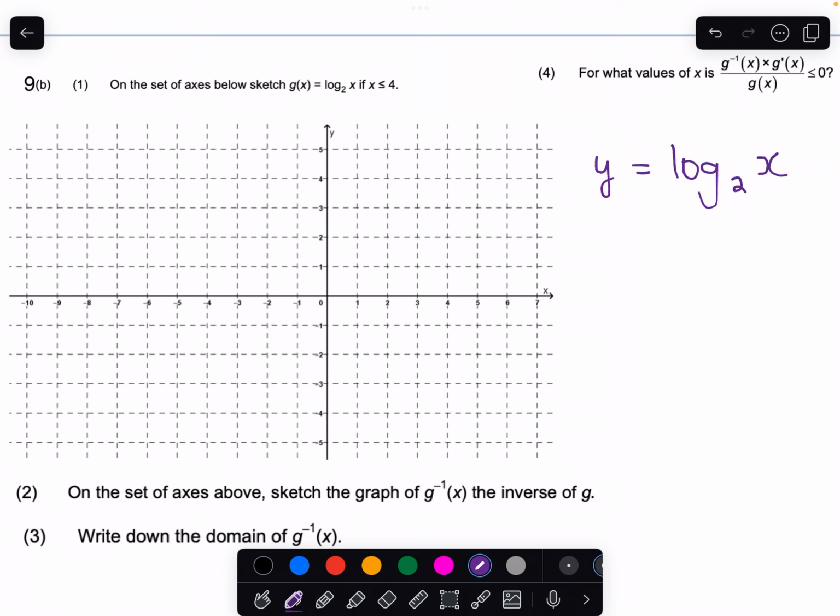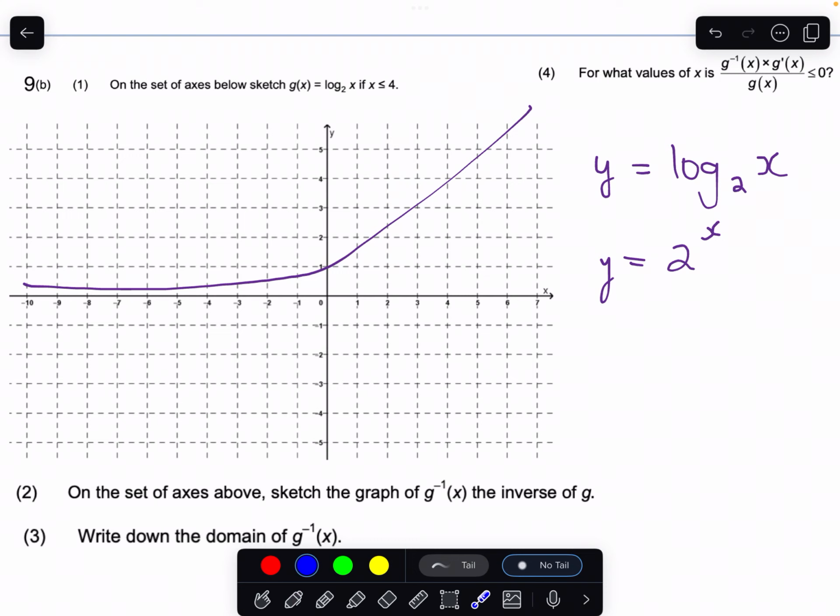The inverse of that is y is equal to 2 to the power of x. That graph looks like that. Oh no, it would cross the y axis at 1, because if I put a 0 in here, I end up with 2 to the 0, which is 1.